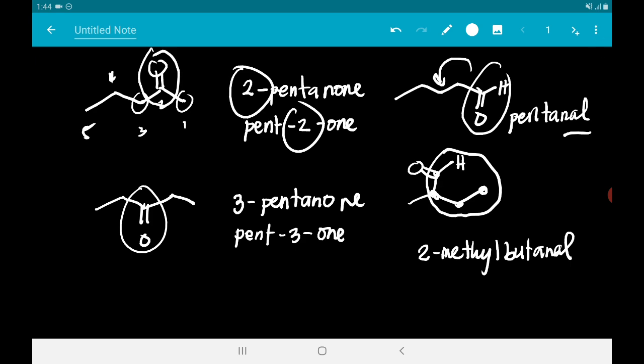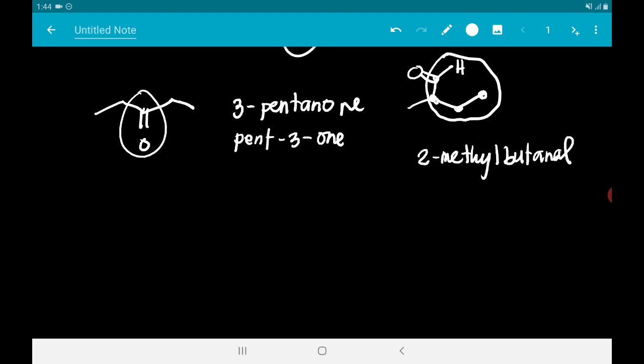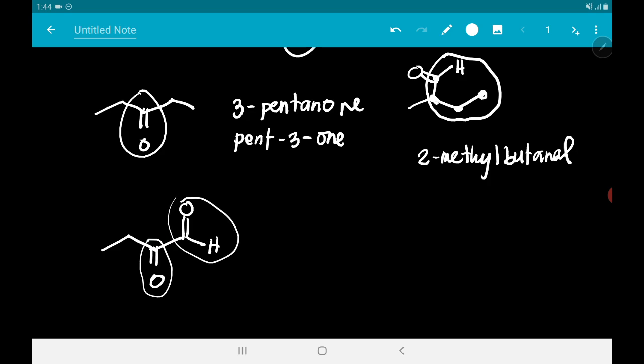Again, aldehyde groups are always at position 1, okay? If aldehyde is your priority. So, what if both functional groups are in the structure? Okay? For example, like this. You can name it, okay, by treating the double bond O of the ketone as a substituent, and the aldehyde is the main functional group.